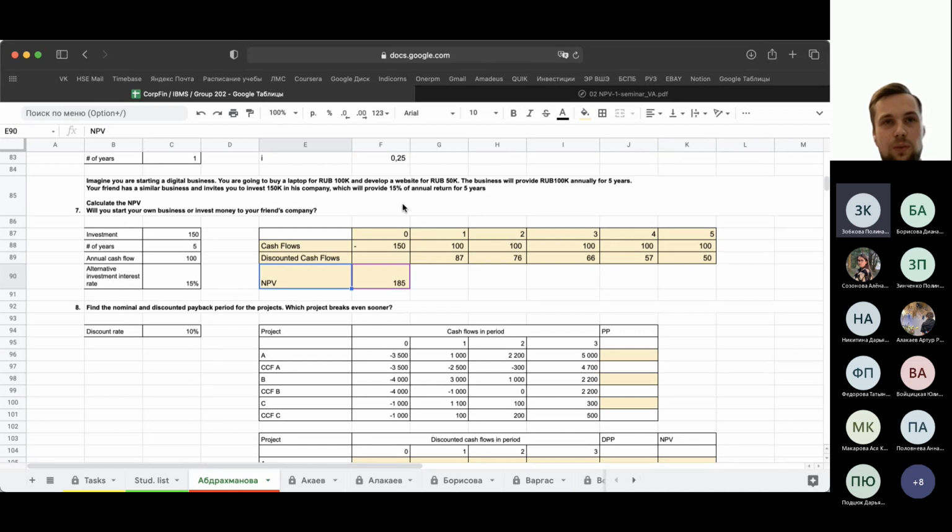So we want to gain as much as we can, and we just compare investing in our own business with some alternative investment opportunity, which gives us 15% a year. So 15% is our discount rate for this project. And if NPV is more than 0, we should invest in our own project. If NPV is less than 0, we should not invest in our project and rather invest in some alternative which gives us more, like 15%.